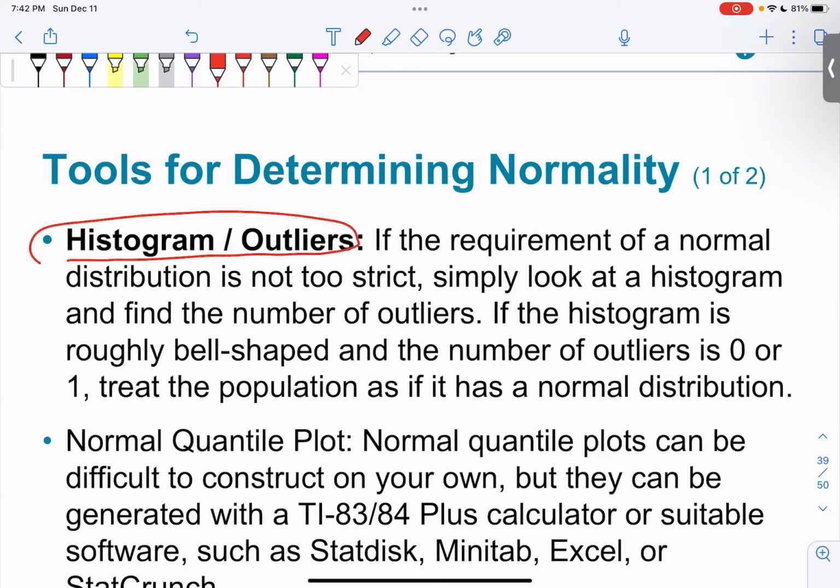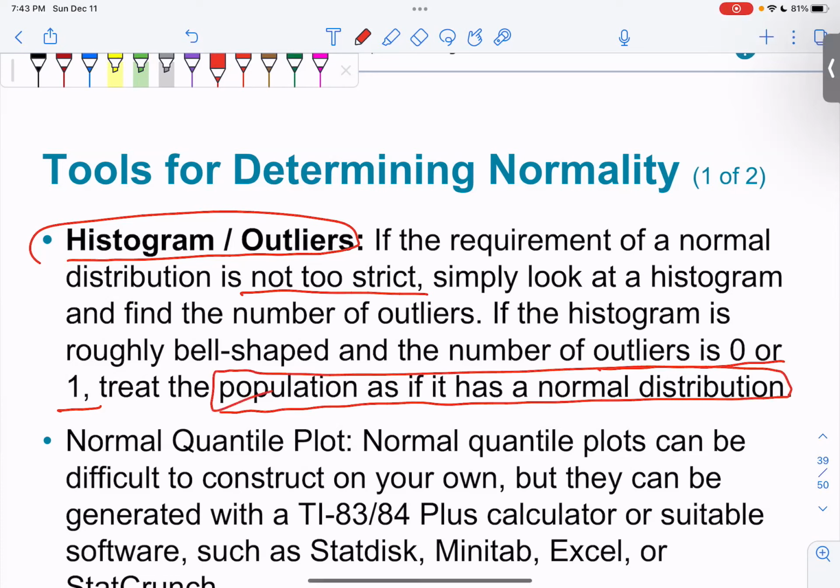Now, if the requirement for normal distribution is not too strict, and we have a bell shape somehow close to normal and only one or zero outliers, then we can treat this population as having a normal distribution, right?